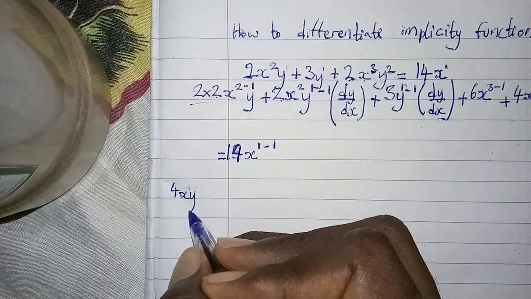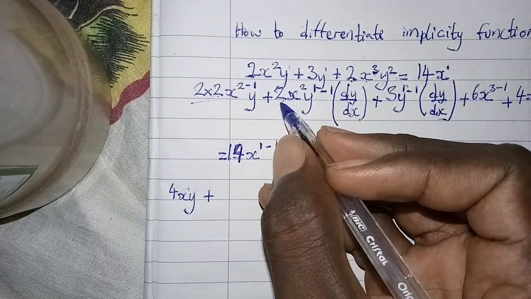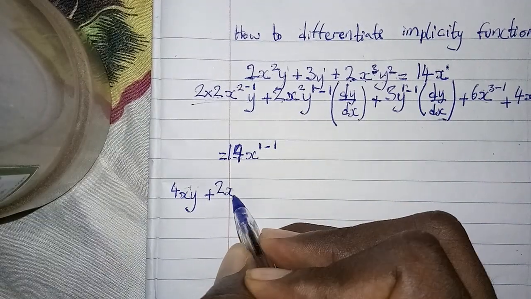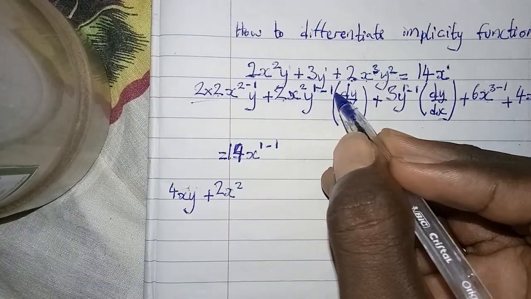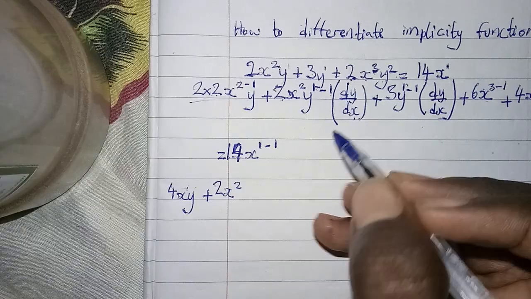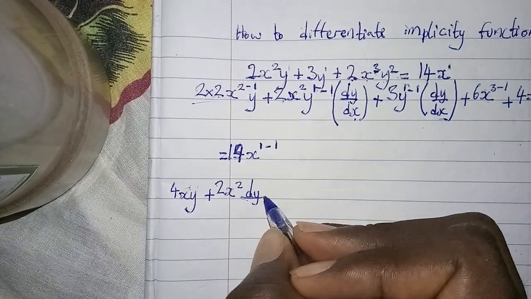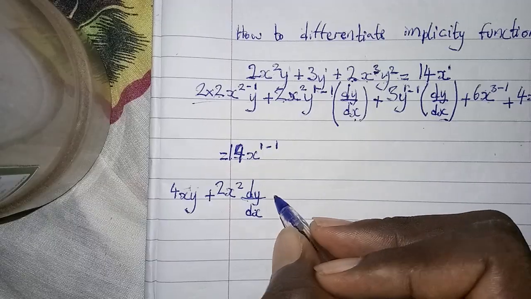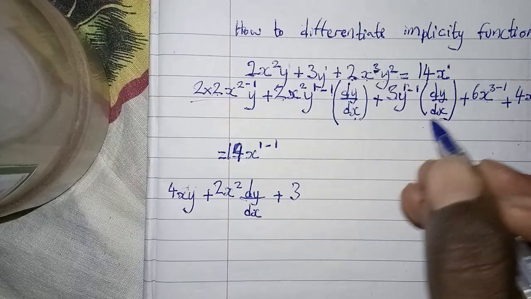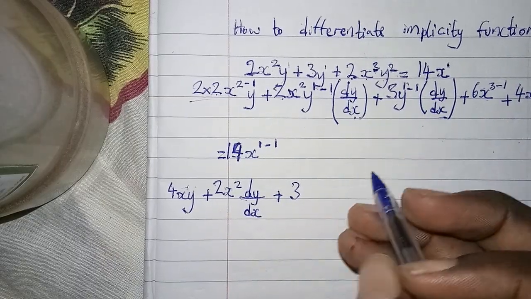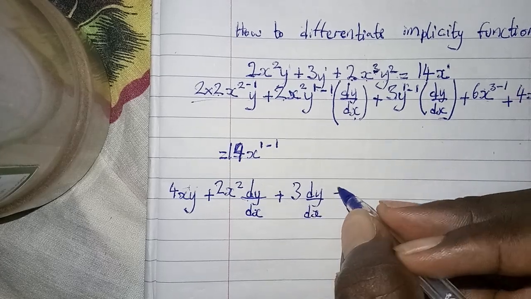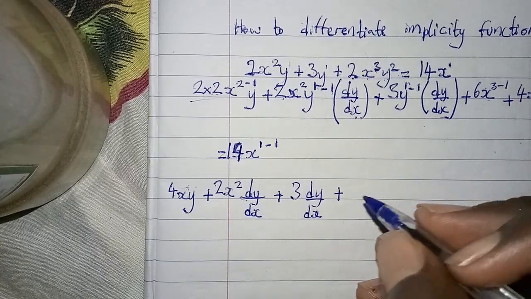Then we bring our y plus 2x squared. 1 minus 1 is 0, so we will not bring anything, but we'll just bring our dy/dx, plus 3. 1 minus 1 is 0, so we just write our dy/dx.